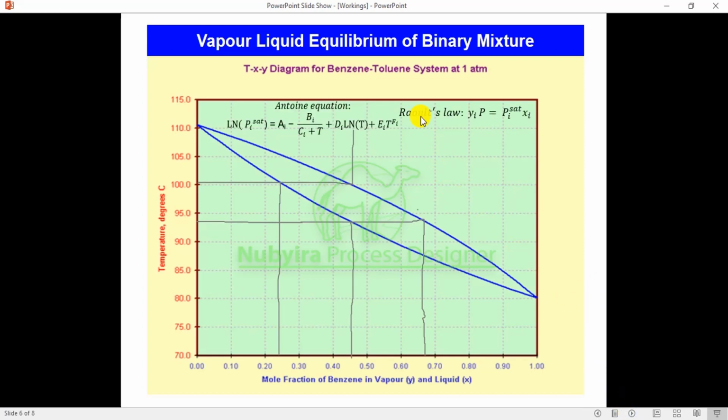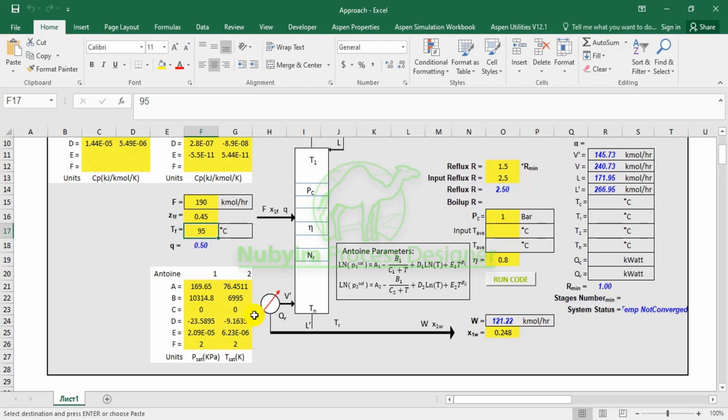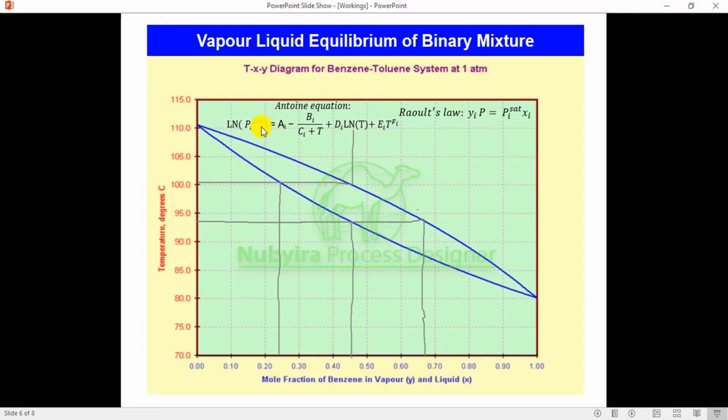So we are using two theories from chemical engineering thermodynamics, the Raoult law and the Antoine equation. The Antoine equation, with the parameters like the ones you have in the result sheet over here, is used to calculate the saturated vapor pressure of a pure compound. Because our mixture has benzene and toluene, it is going to calculate the saturated vapor pressure at the temperature for each pure compound, so we do that for the two components.